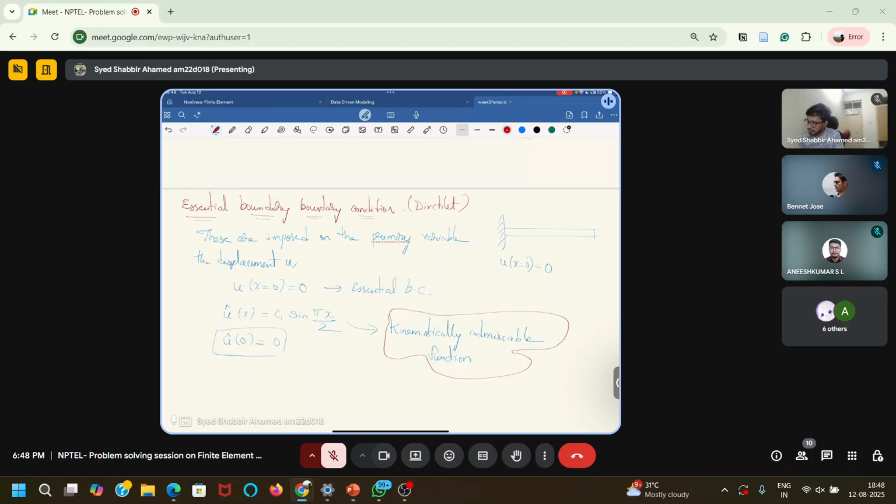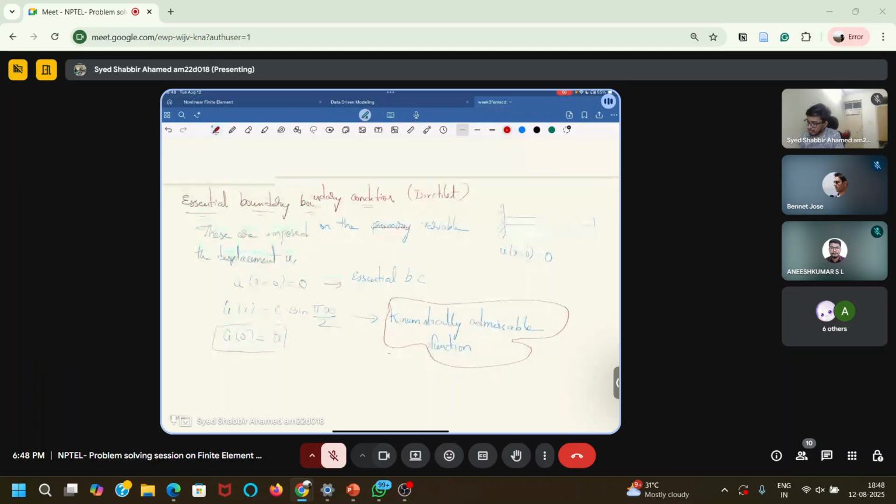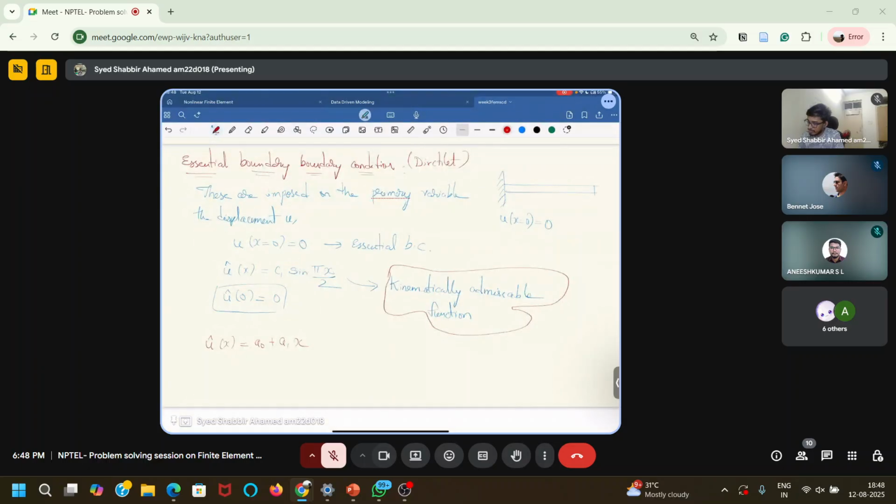Like let's say if you take u of x equals a naught plus a1 x. If you substitute x equals 0 here, then you will get u hat of 0 equals a naught.